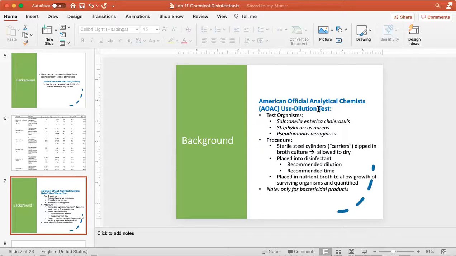So this use dilution test is kind of interesting in the lab. What you do is you grow up pure cultures of these 3 organisms, and you drop these little stainless steel cylinders into the broth tube. And I'll show you what they look like in just a minute.